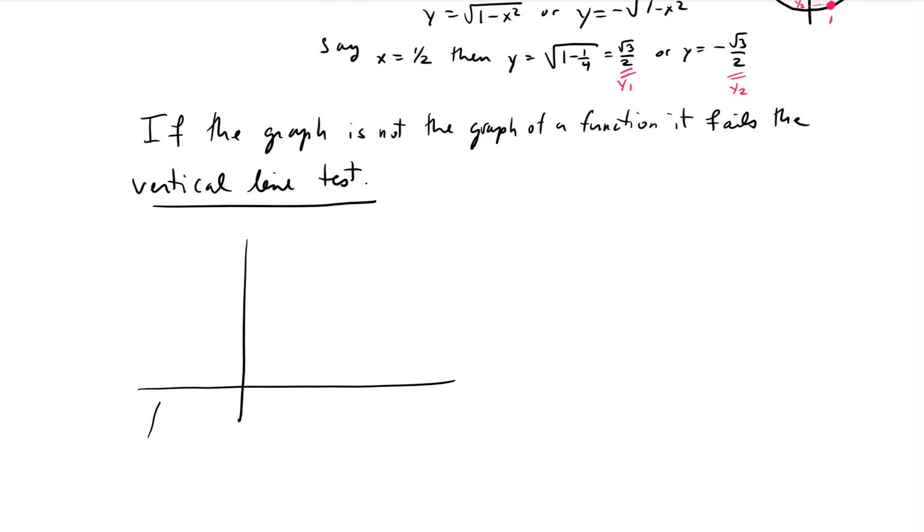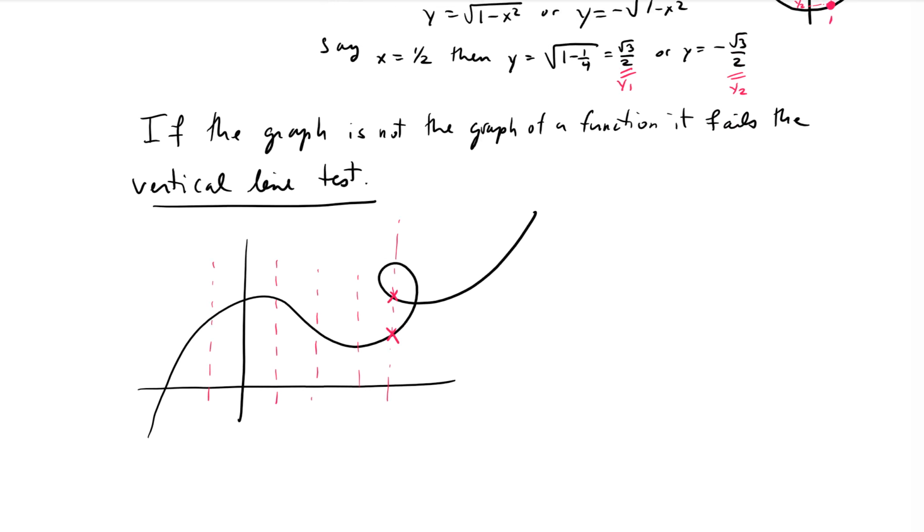So imagine I've got a curve that's like that. If you want to know, is this the graph of a function? You can, in your head or on paper, draw vertical lines like this. If you see one that intersects the graph in more than one place, that means that for that value of x here, there are three outputs, three values of y.